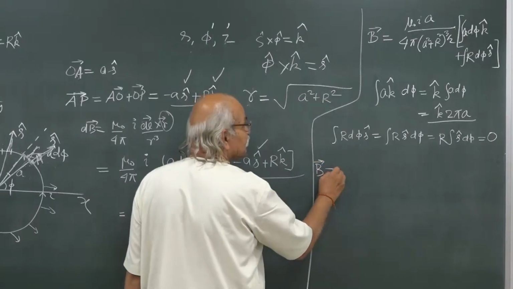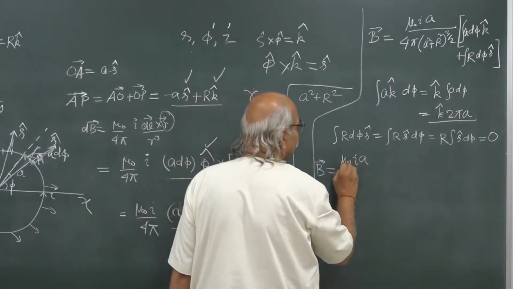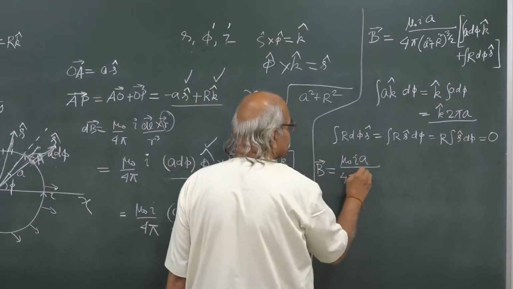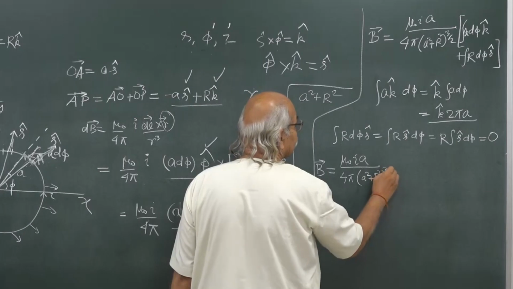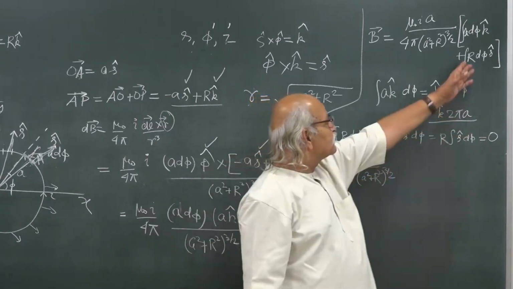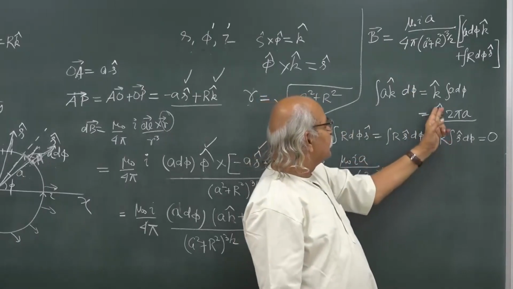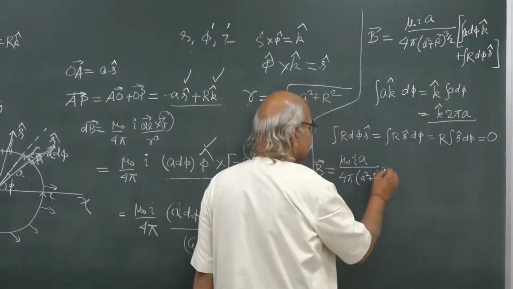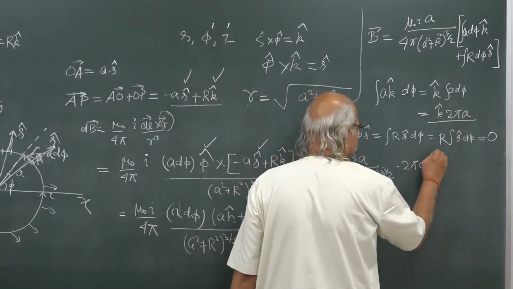What is B then? B is mu naught I A by 4 pi, A square plus R square to the power 3 by 2. This part is 0 and this part is k cap 2 pi A. So, 2 pi A and k cap.